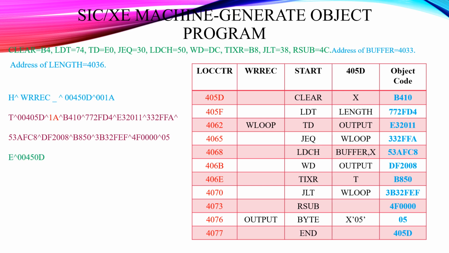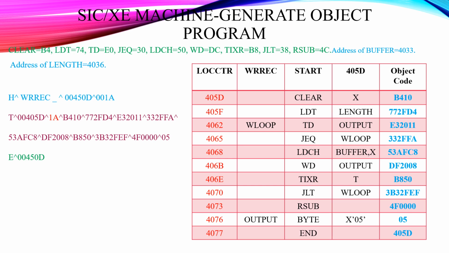And the E record is the end section, where we need to write the first starting address in 6 columns. So we need to write 00450D. So this is the object program we need to produce.